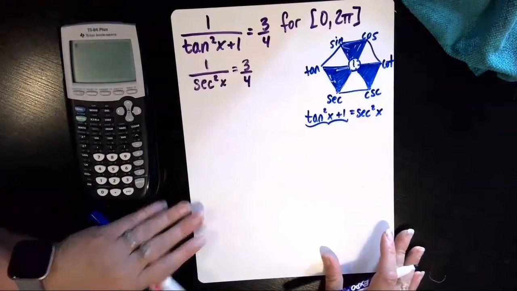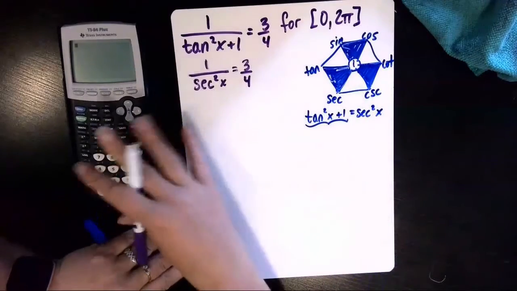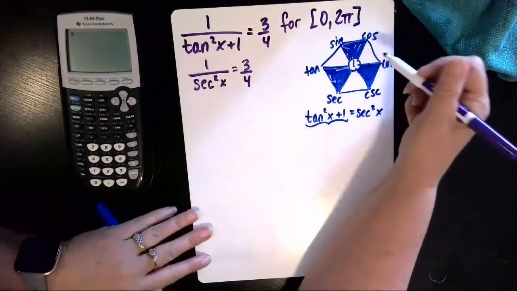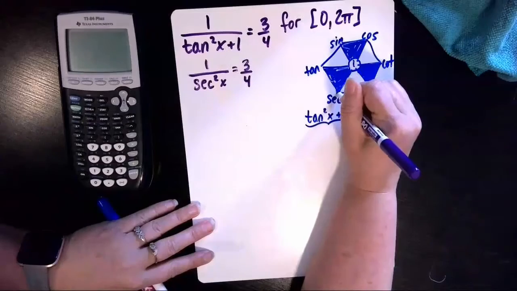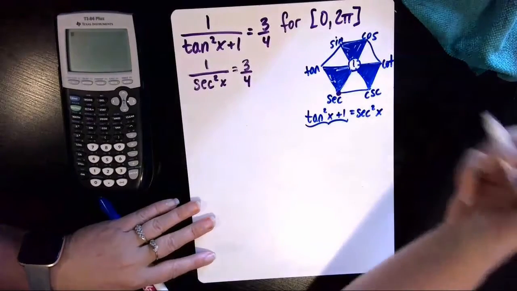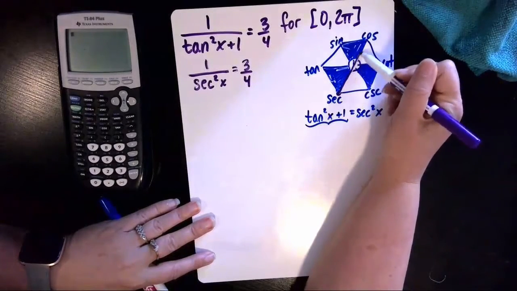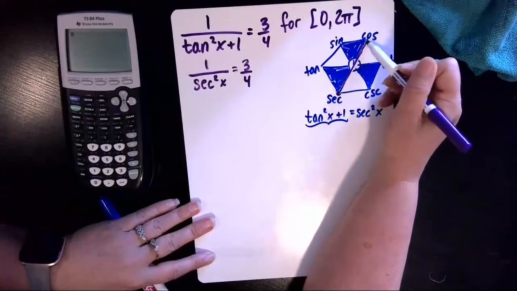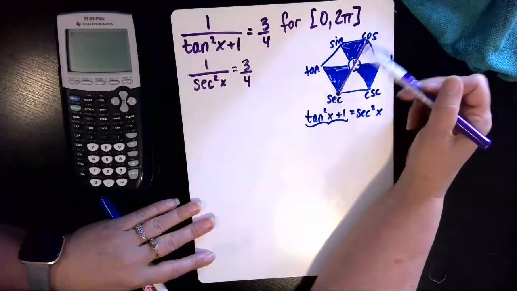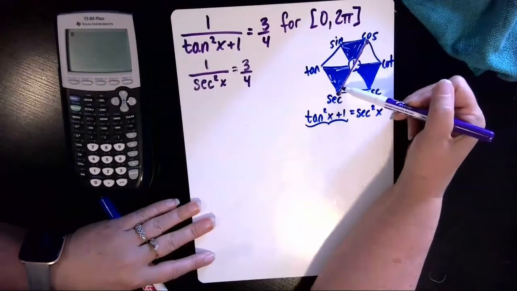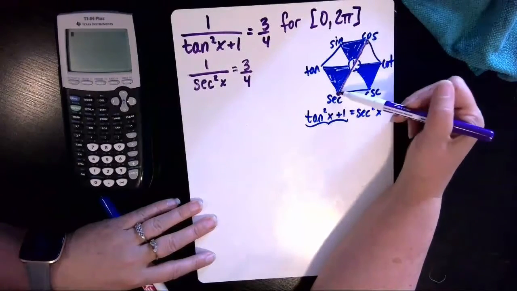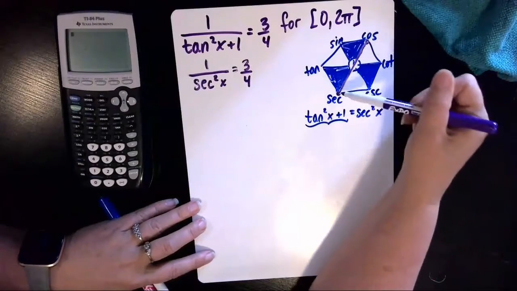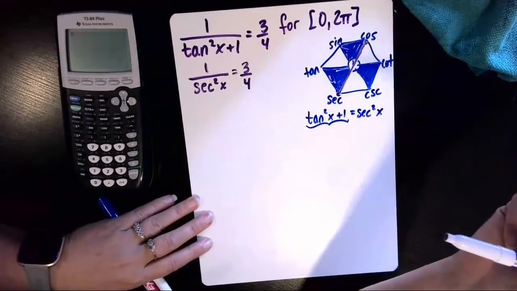Okay, next I'm going to look at the secant here on the trig identity hexagon, and secant is diagonal from cosine, which tells me on the hexagon that they are reciprocals. So cosine is the reciprocal of secant, secant is the reciprocal of cosine.